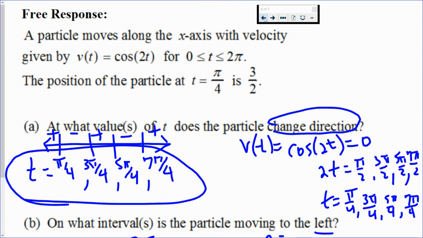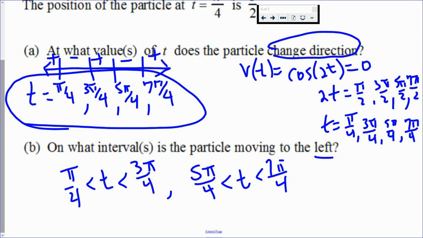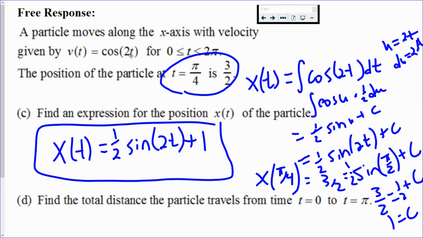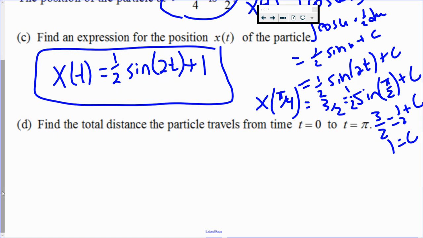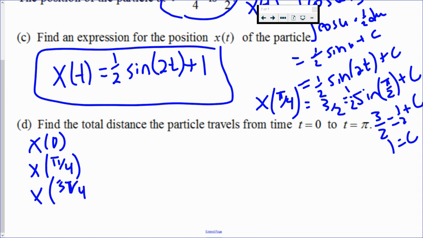If we take a look at part A, we said we were changing direction at all 4 of these t values. 2 of them are on our interval, pi over 4 and 3 pi over 4. So we also need to check the position at those places as well, since we are changing direction. So we need x of 0, x of pi over 4, x of 3 pi over 4, and x of pi.